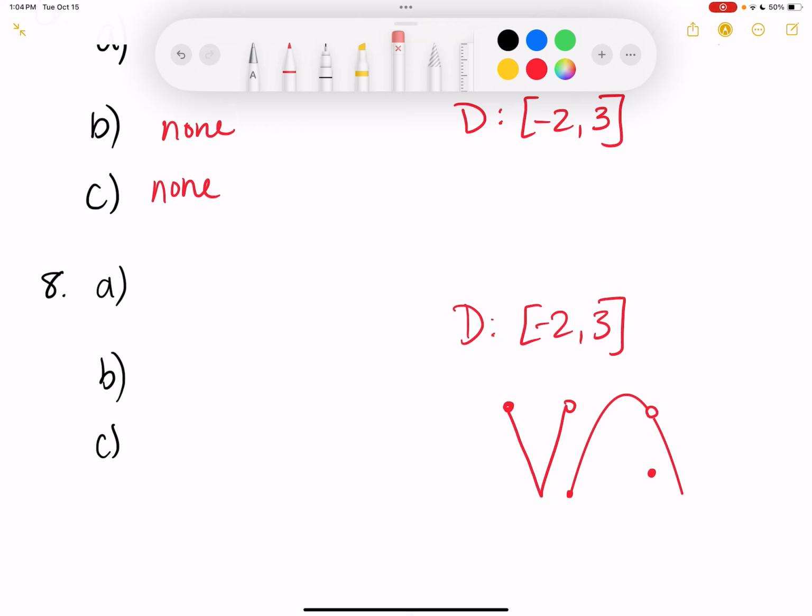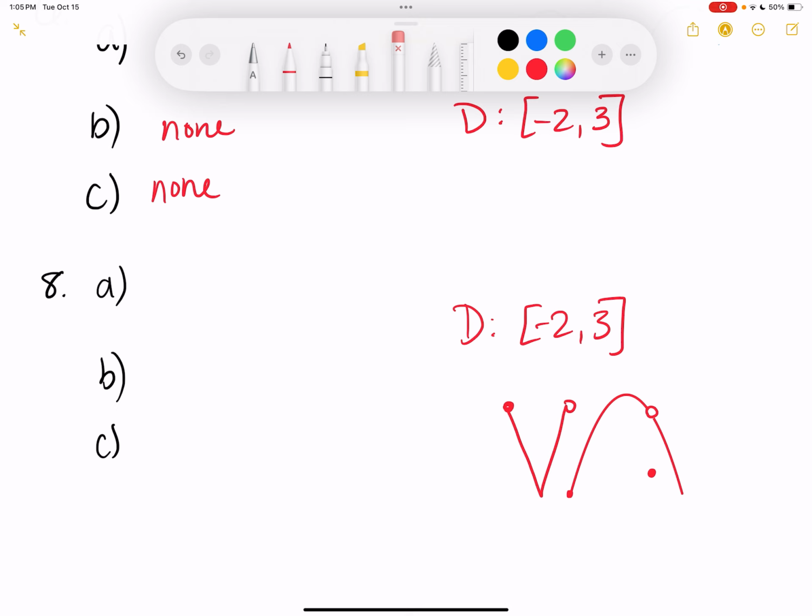Well, 0 and 2 are just discontinuities. It's your side limit thing. And the -1 is one of those corner thingies, because it makes an absolute value, right? So it's a corner. So it's not differentiable.